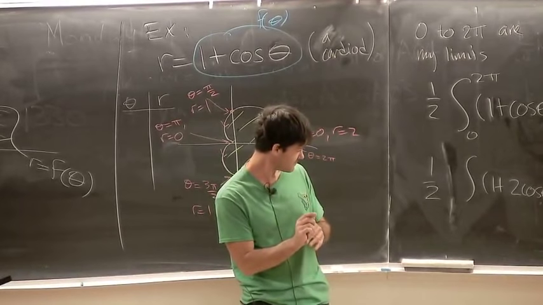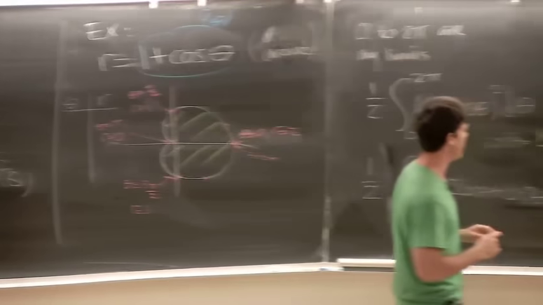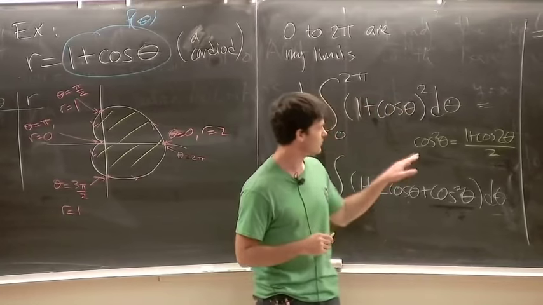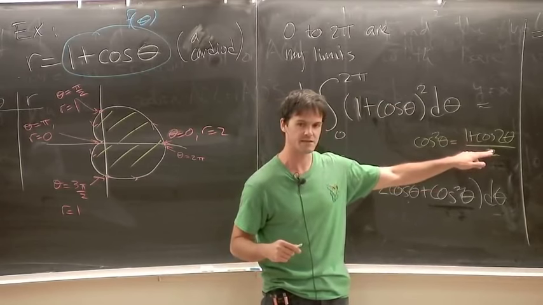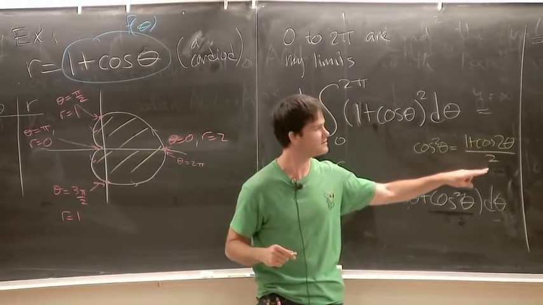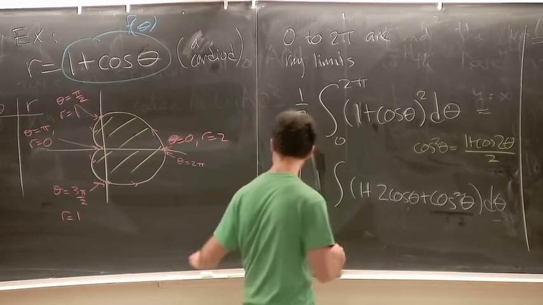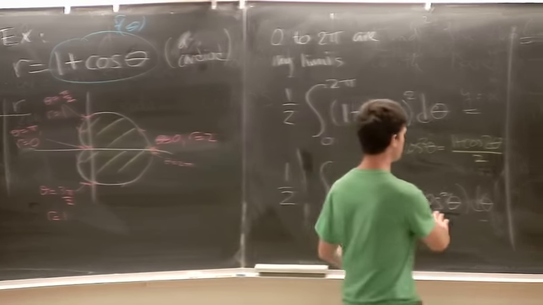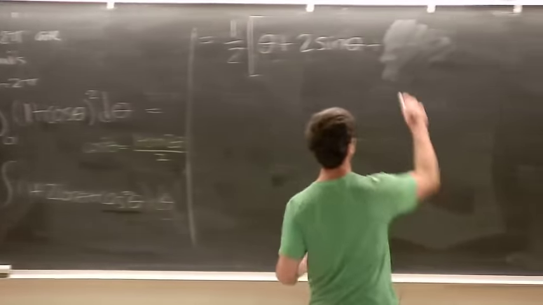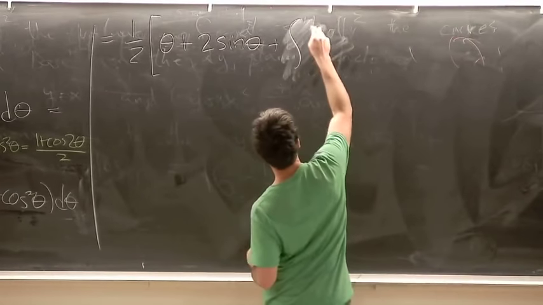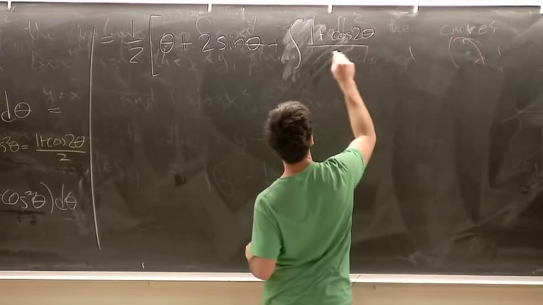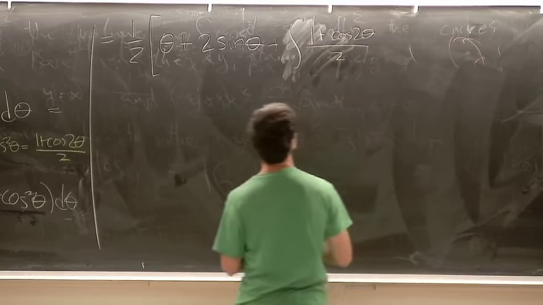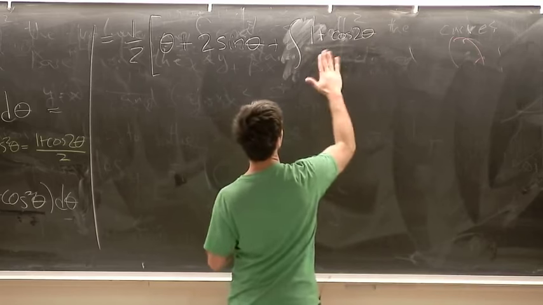And the reason that's useful here is because this is easier to integrate, actually. So let me replace cos squared with that identity. So it becomes the integral of 1 plus cos 2 theta over 2. In fact, here, let me put the 1/2 in front.